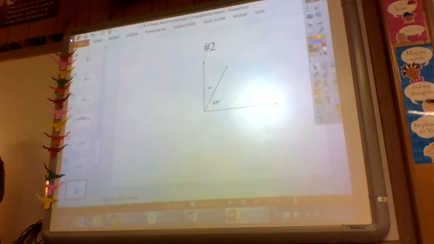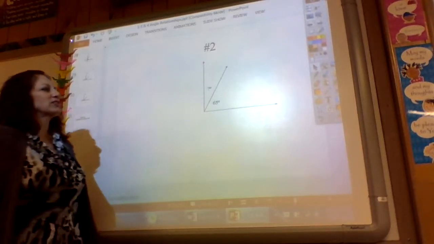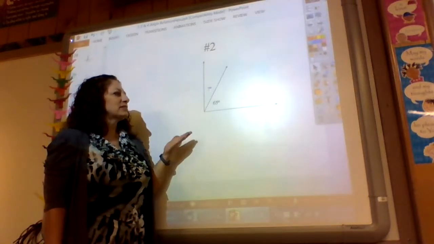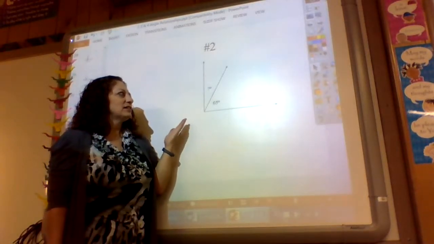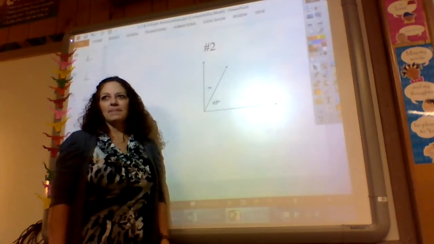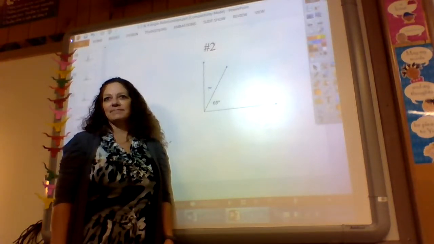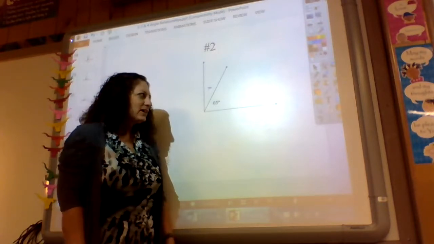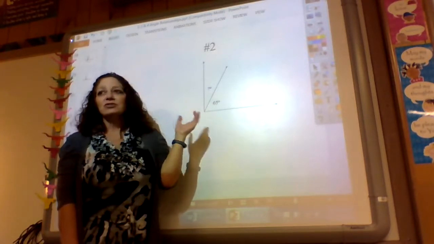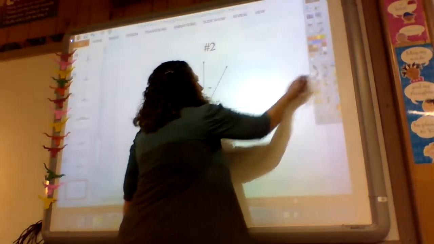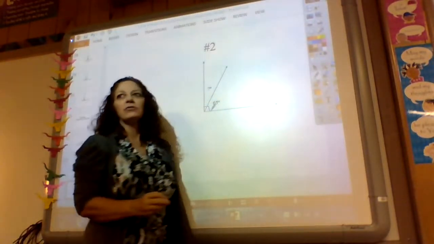Okay, how would I find the missing angle here? Now this one is a little tricky because this one I'm going to say we can't do. You may know why. Because it doesn't tell you that it's 90 degrees. Exactly. We never want to assume anything. If the mark is here showing that right angle, then you know it's a 90.